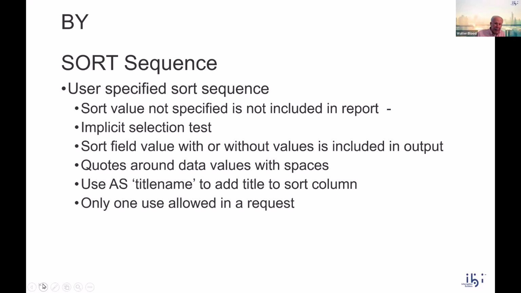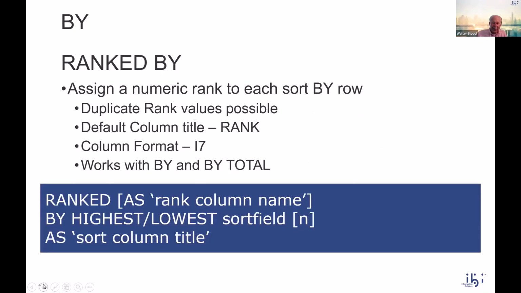You can name it anything you want. Now, you can only use this ROWS OVER once in a report, because of the complexity, it's in effect another sort. It's only allowed once.